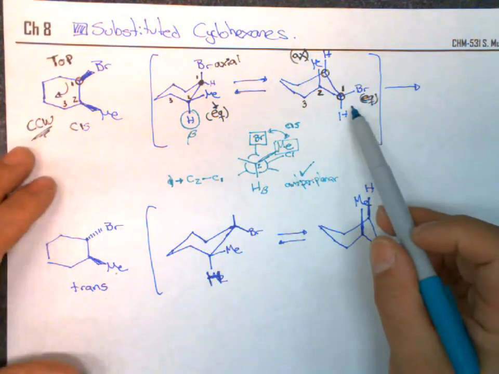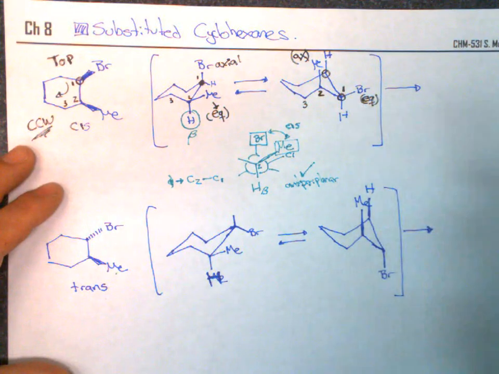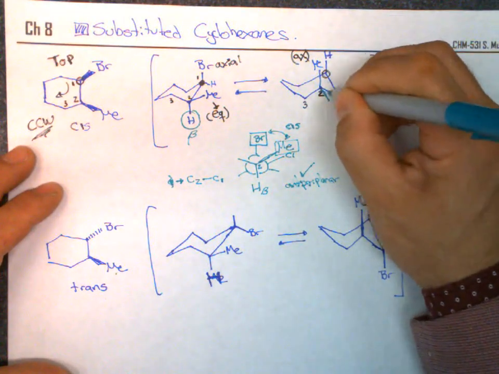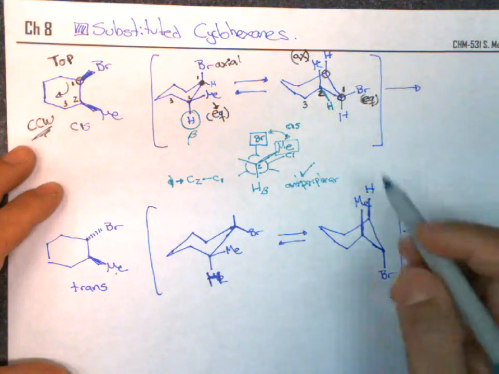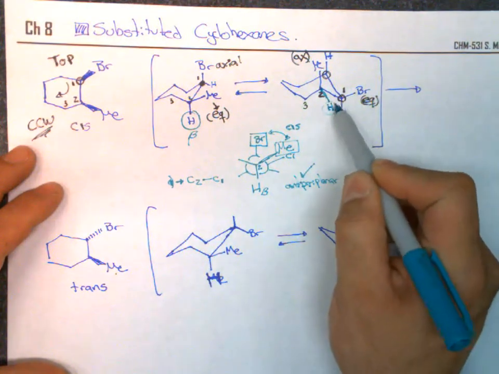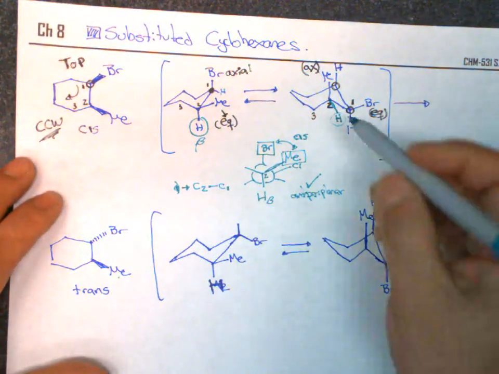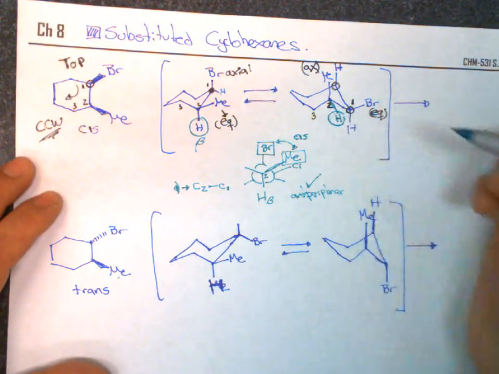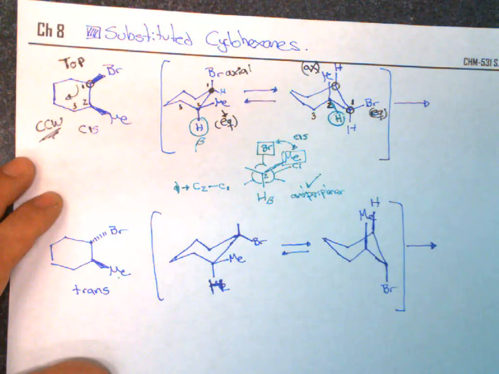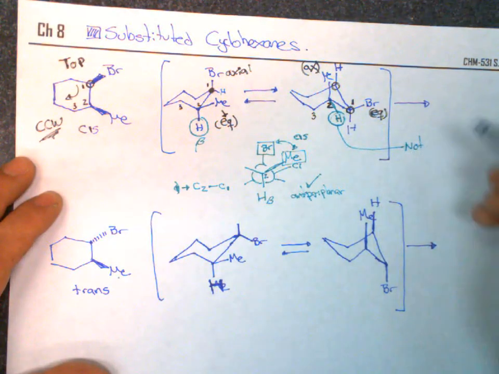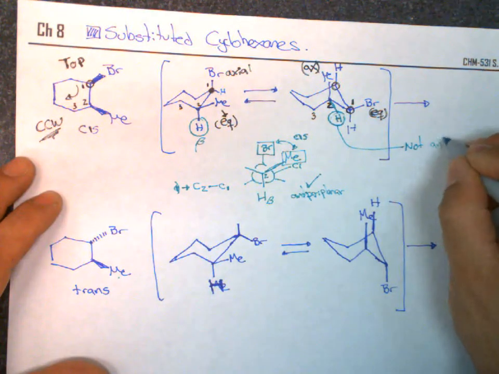Now, how about the other one? Can we eliminate this? This is not anti-periplanar with the bromine.